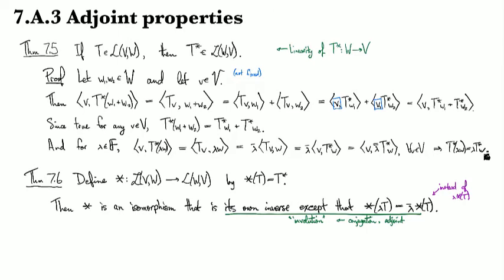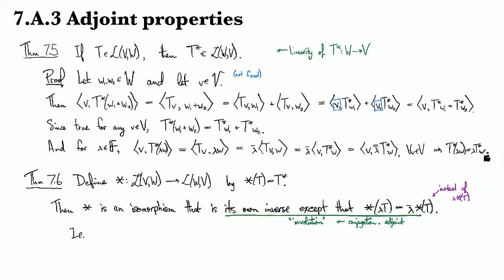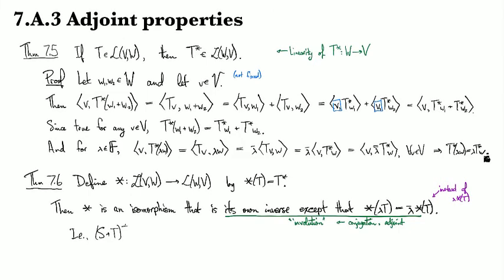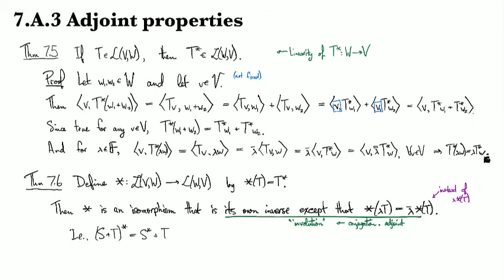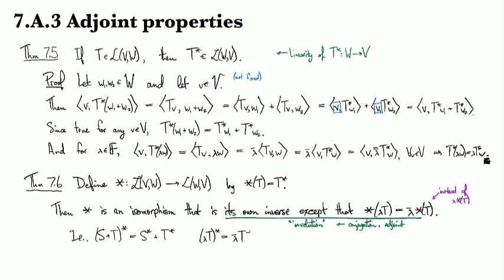So to say that this is an isomorphism, this means that all kinds of the usual properties hold. So for example, if we do S plus T adjoint, that's S adjoint plus T adjoint. And if we do lambda T adjoint, we get lambda conjugate T adjoint.